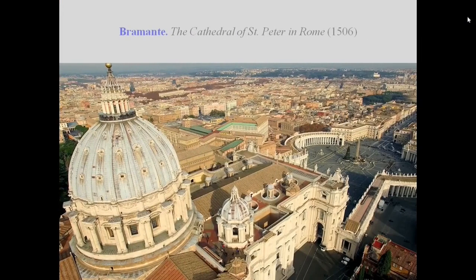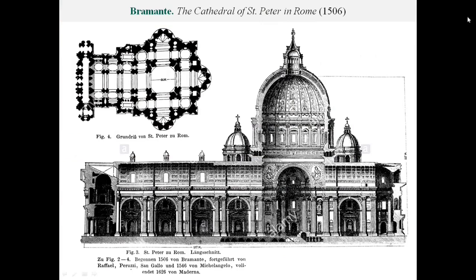After the death of the architect, the building of this cathedral from 1514 up to 1520 was headed by Raphael Santi. And here he returned to the traditional shape of the basilica, the Latin cross type of plan. That's what we can see here in this slide.